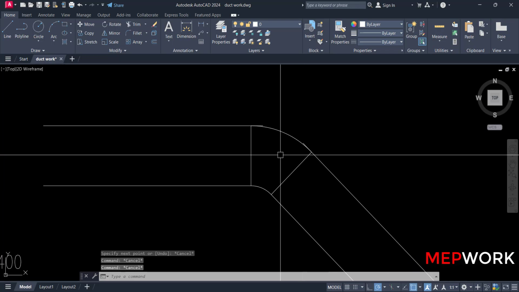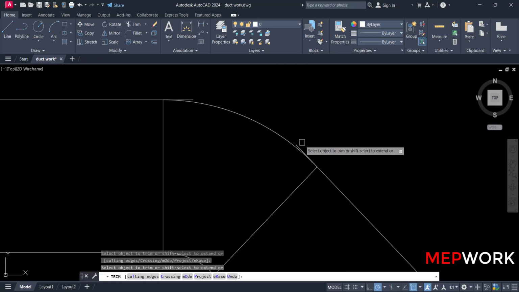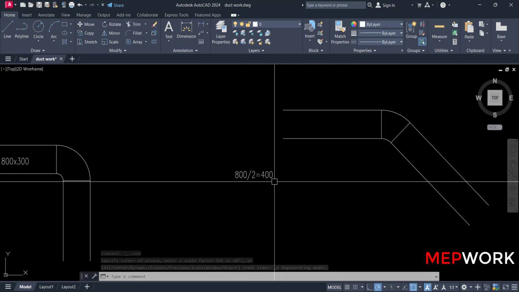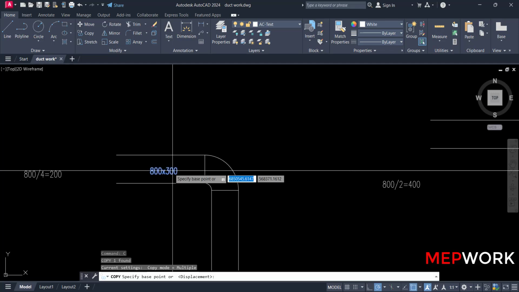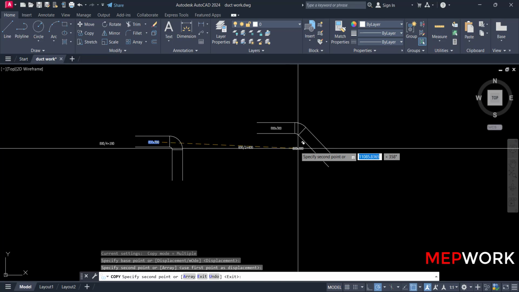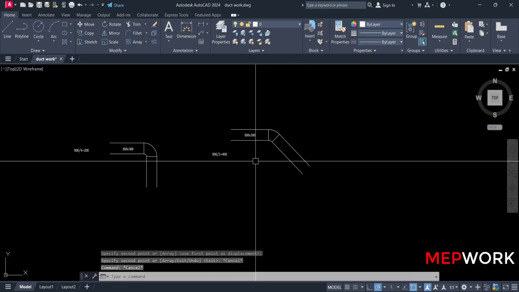The final step is to trim these lines. And this is the 45-degree elbow.